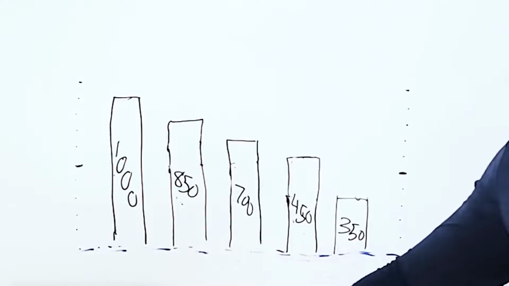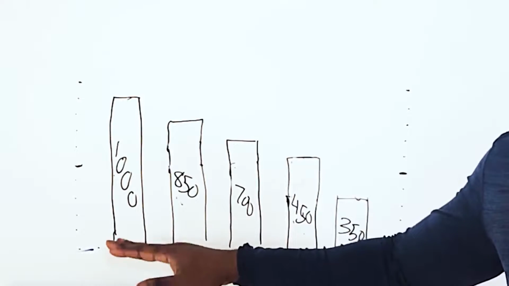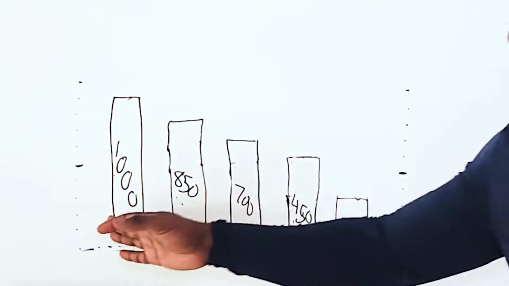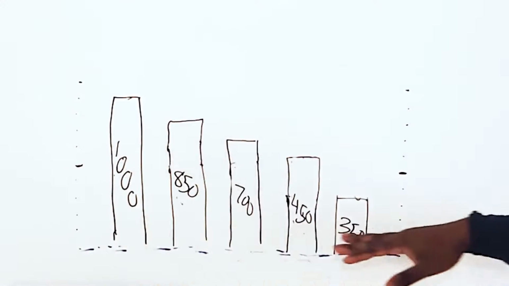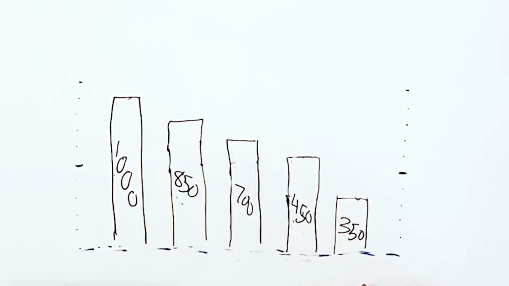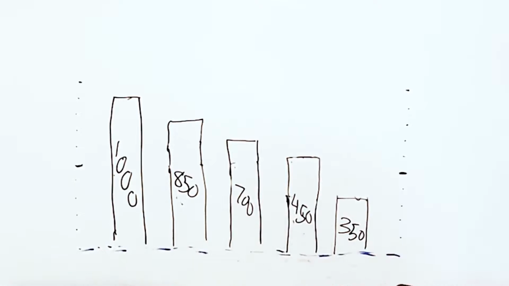So as you can see, our ticket prices are now finally in sorted order. The largest item is all the way to the left, and the smallest item is to the right. So now we can identify which ticket price is the highest and which one is the cheapest.